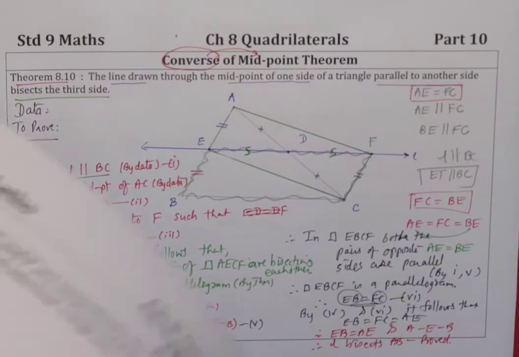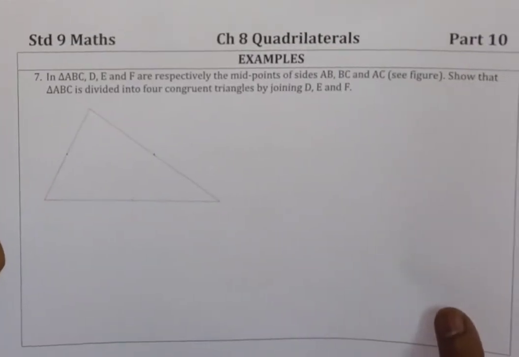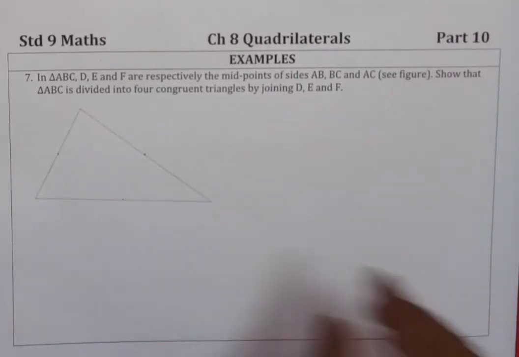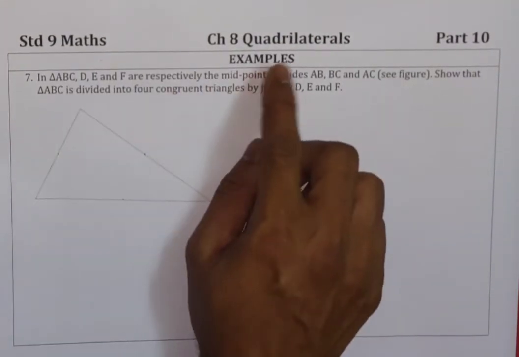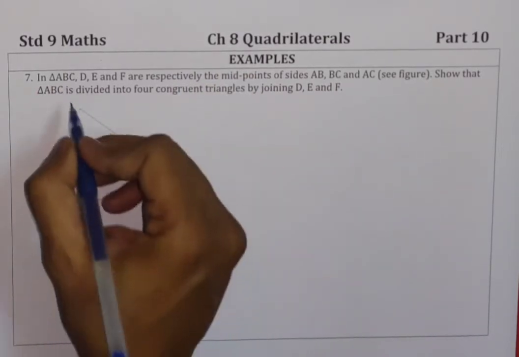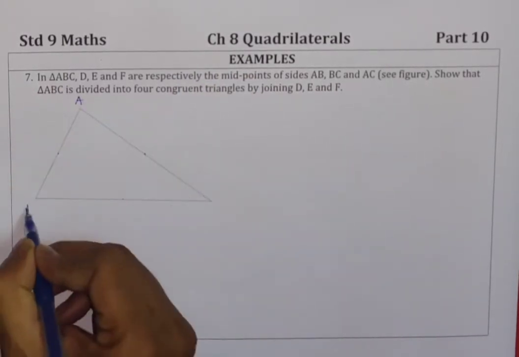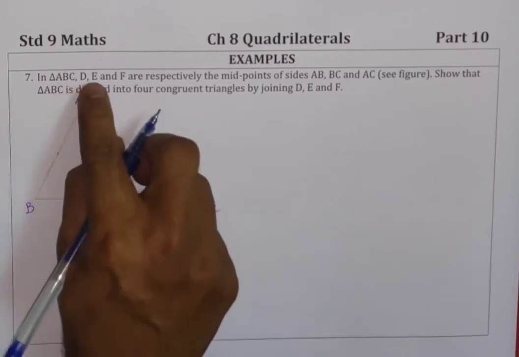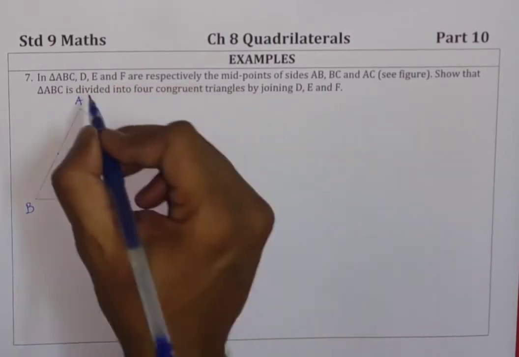All right. Now moving on to the illustrations, children, and that is number 7. We are going to see the examples. Number 7. In triangle ABC, D, E and F are respectively midpoints.